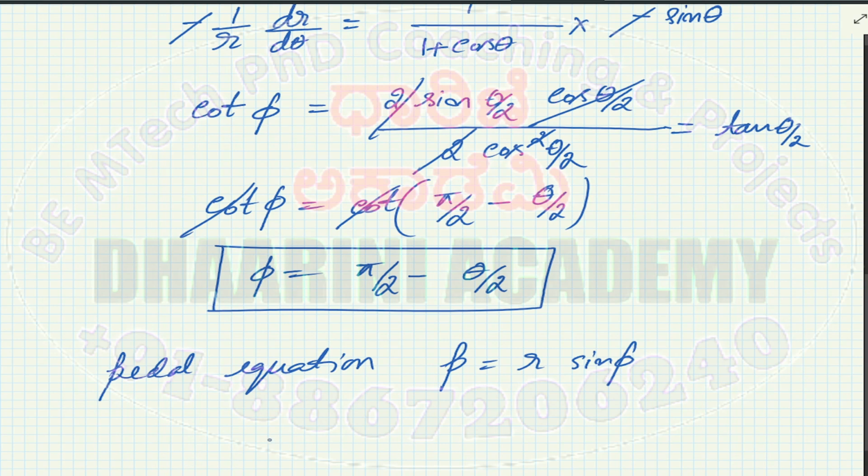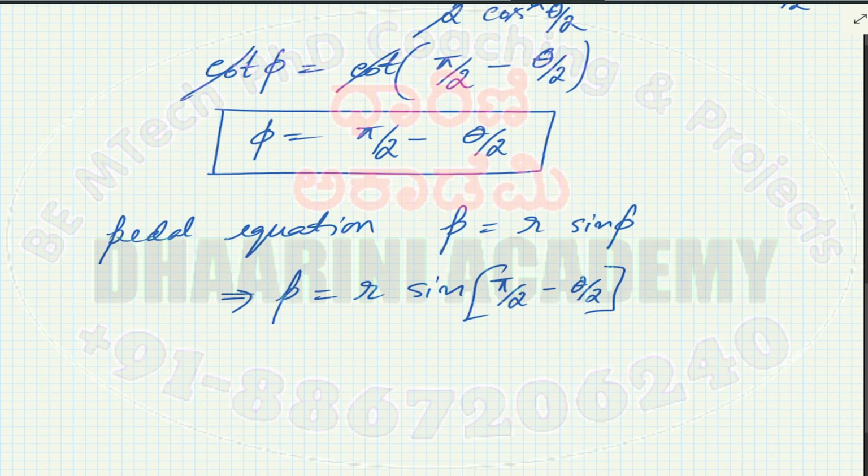So I can replace this. This implies the p value is equal to r sine of phi. From the above equation I can write pi by 2 minus theta by 2. Right? Sine of 90 minus theta means sine becomes cos. Alright, so this means p will be equal to r into cos theta by 2.